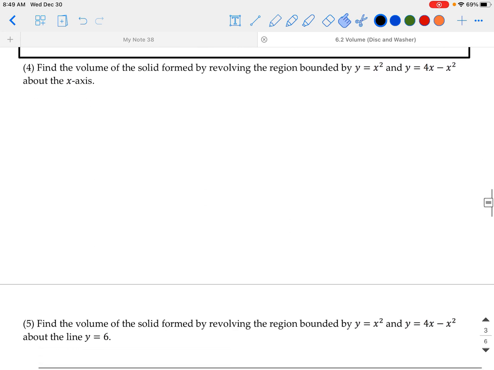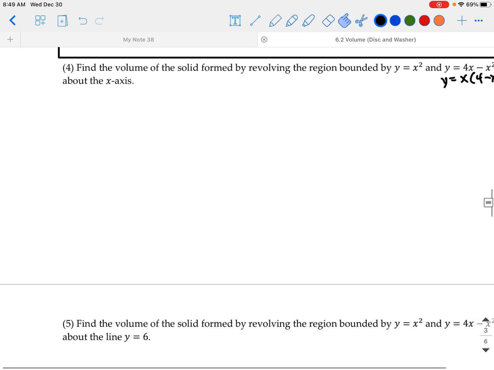Okay, so let's go ahead and jump right in. So we've got y equals x squared and y equals 4x minus x squared. So we'll note that this is x times 4 minus x, which will make it easier for us to graph. We could start with the intersection points if we wanted to as well. So why don't we do that?